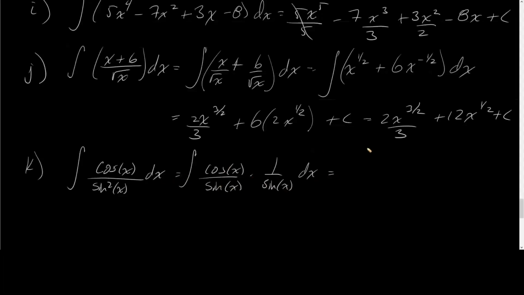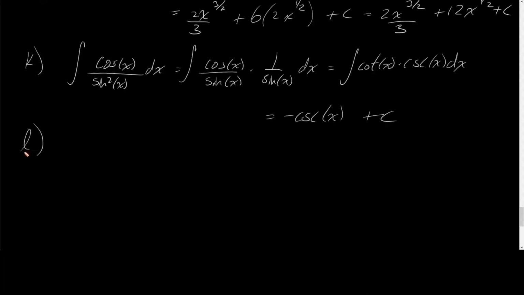And then cosine over sine is cotangent, so we have cotangent times 1 over sine is cosecant. And the antiderivative of that, well, we have cotangent times cosecant. That's the same as cosecant times cotangent. The antiderivative of that is negative cosecant, plus c.